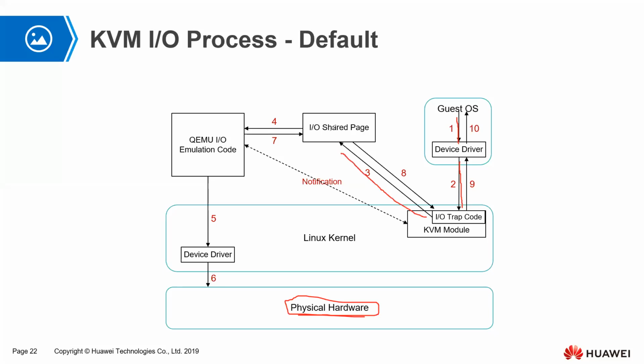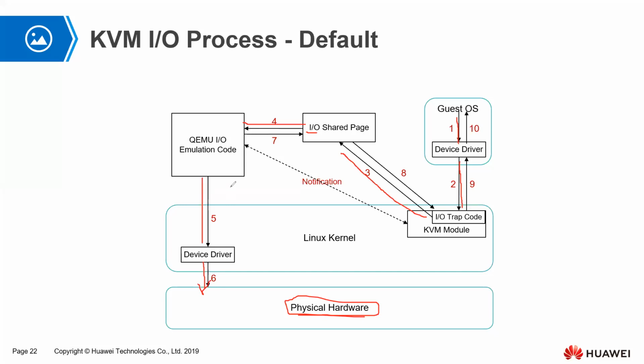That is stage 3. It goes to the input and output shared page, and then it is sent to the QEMU emulation code. The QEMU emulation code now is sent to the device driver, and then the device driver calls the hardware.